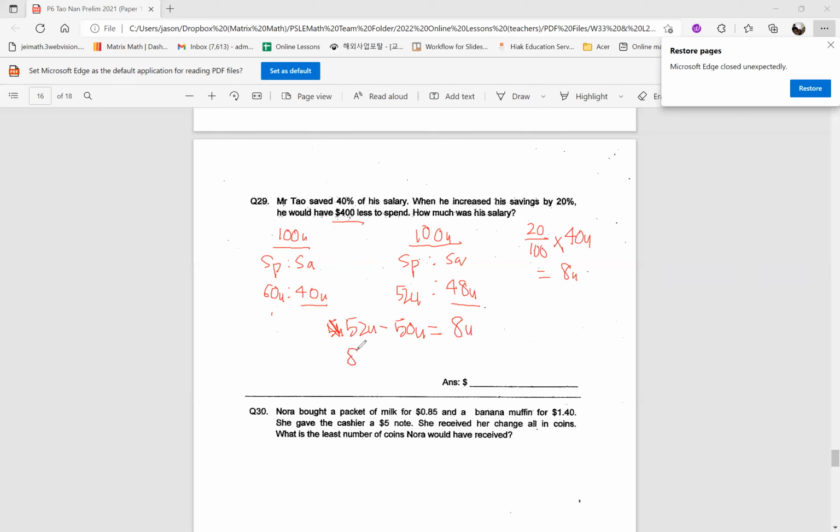So 8 units is equal to $400. So 1 unit is equal to something on my pen. I keep not writing it out.